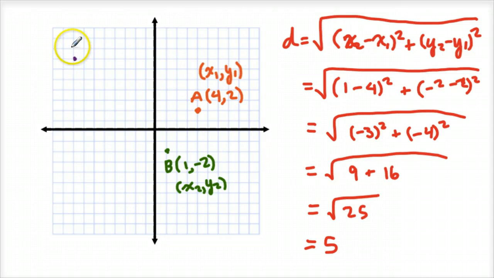So if we had point C and point D up here, again, we could just count the spaces, your units, 1, 2, 3, 4, 5. The distance between C and D would be 5 units. But again, when they're on a diagonal like this, that's when we're going to want to definitely use the distance formula. Sometimes it'll work out nicely. Sometimes we'll have to round our decimal, but that's okay too.